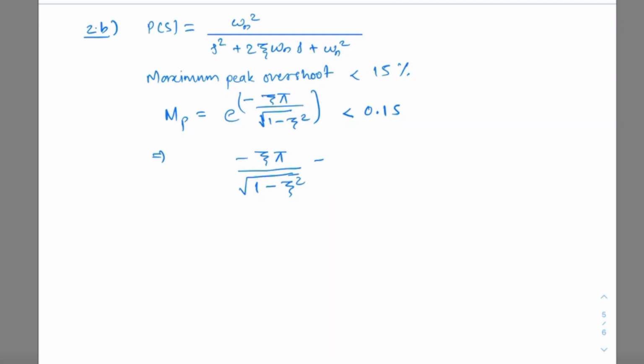So this is our first condition, which ensures that the maximum peak overshoot is less than 15%.